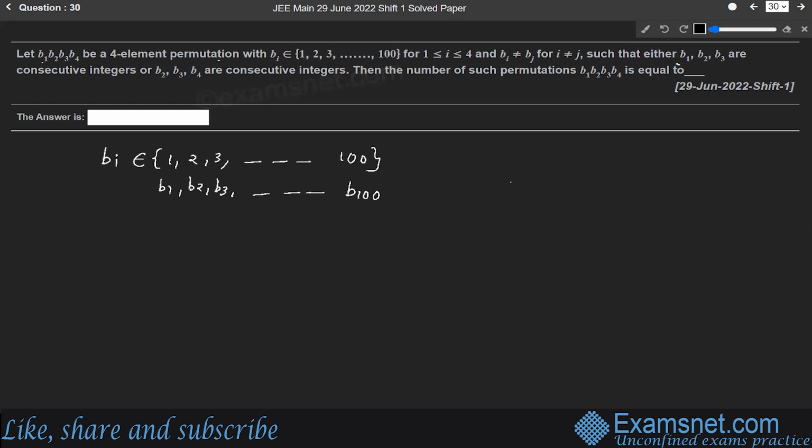First set will be the set where B1, B2 and B3 are consecutive integers. And second set will be the set where B2, B3 and B4 are consecutive integers. So let us suppose A be the set when B1, B2 and B3 are consecutive.